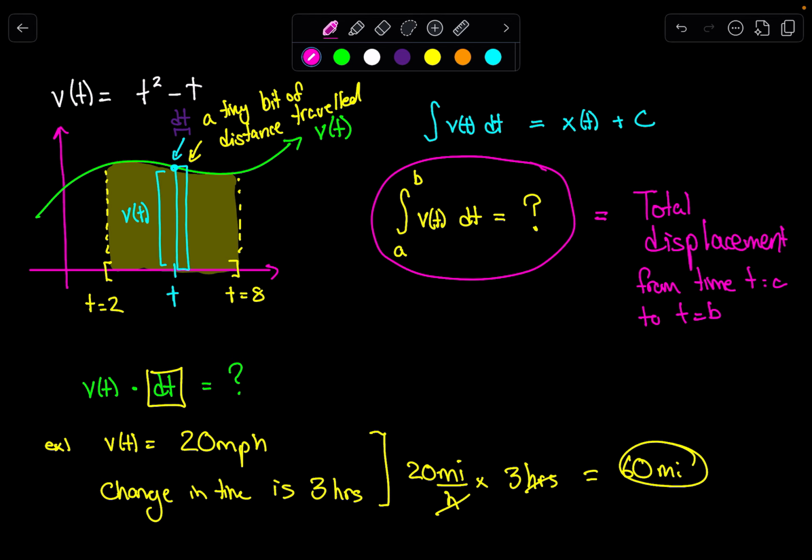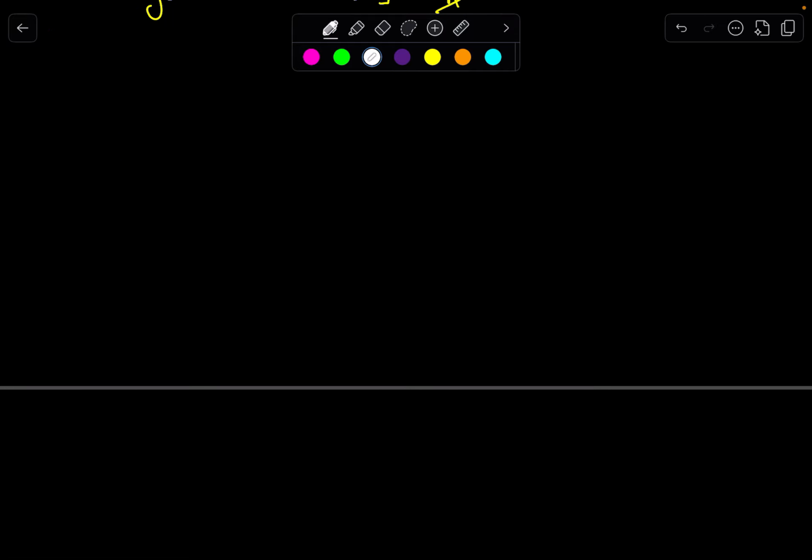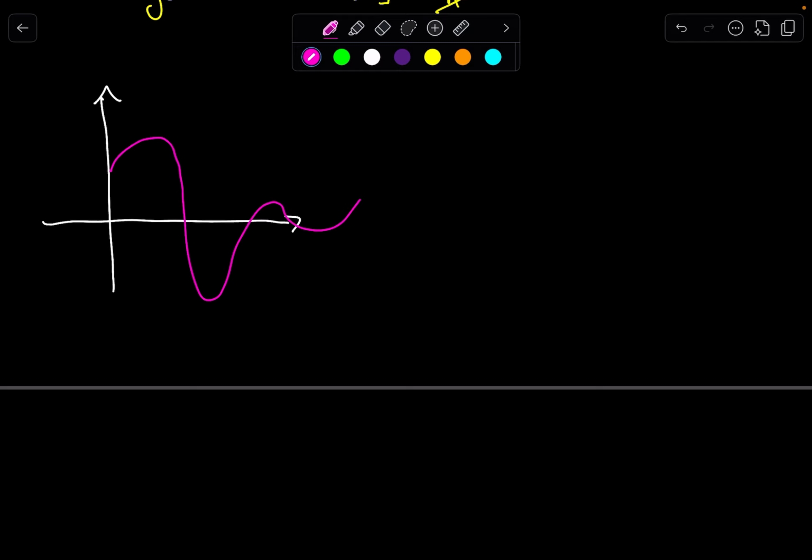And why am I doing this? Let me give you a slightly different picture really quick. Let me give you a velocity function that goes above and below, above and below. So let's say this right here is my velocity function. Which means up here, in this particular region, what do we know about the value of our velocity at all of those points in time?